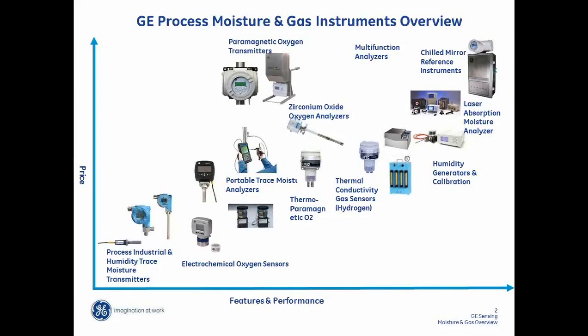In this map, we see that the most simple sensors are generally lower in price but have very rudimentary features. They might just have a 4 to 20 milliamp output and no diagnostics, where the upper level instruments might have enhancements in terms of diagnostics and calibration and so forth.